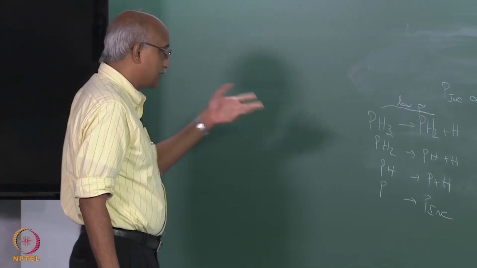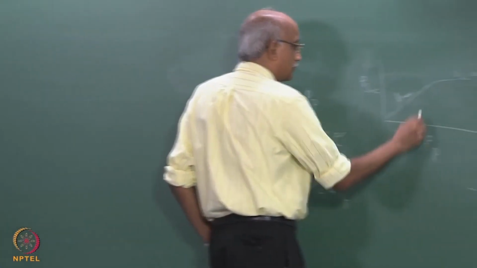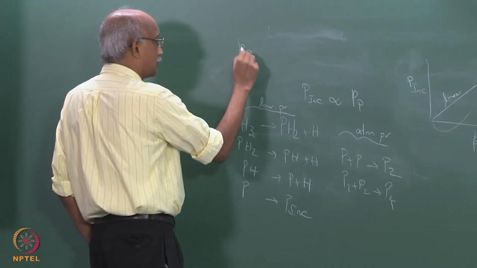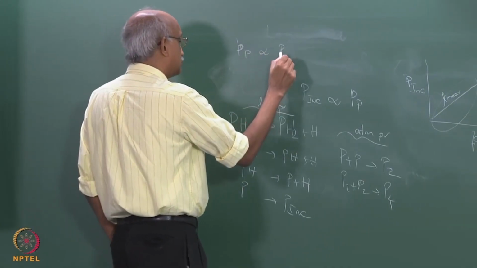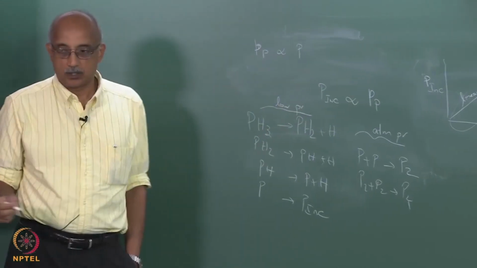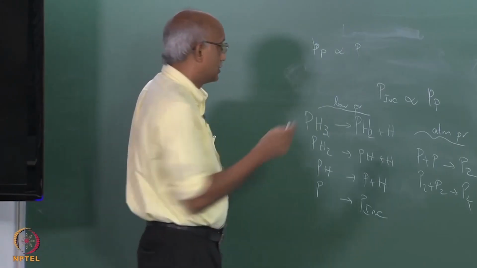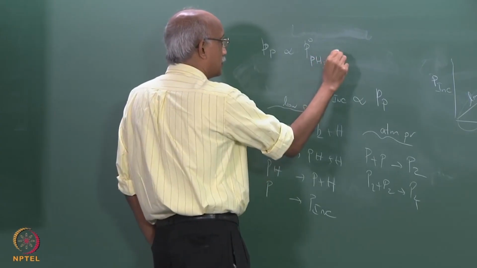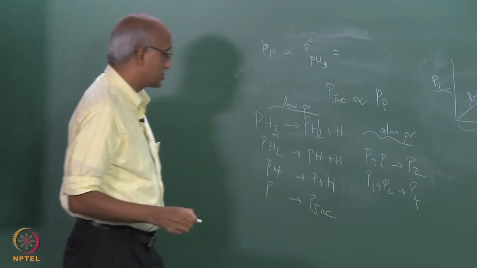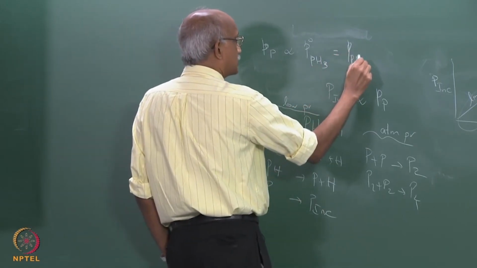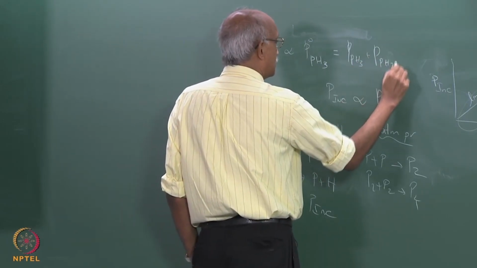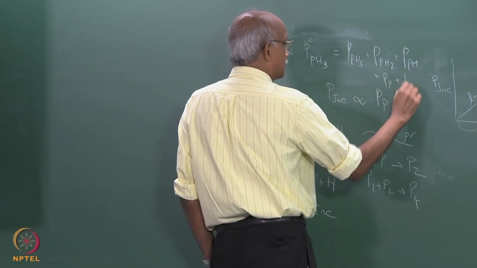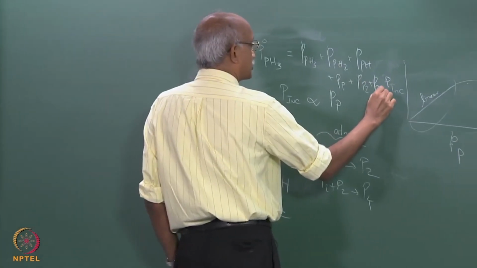So, what that implies is, in the low pressure range, if I look at the partial pressure of P, that is proportional to the total pressure of phosphorus that was fed into the system, P0 of PH3, which by mass conservation must be equal to P of PH3 plus P of PH2 plus P of PH plus P of P plus P of P2 plus P of P4 and so on.